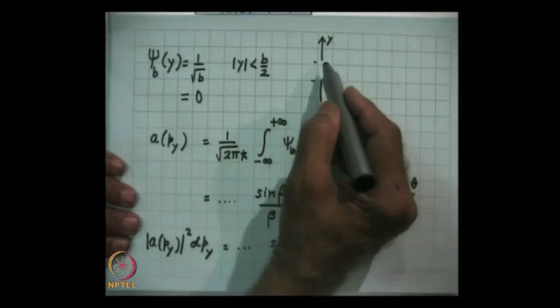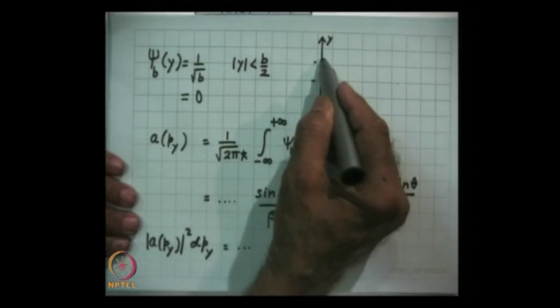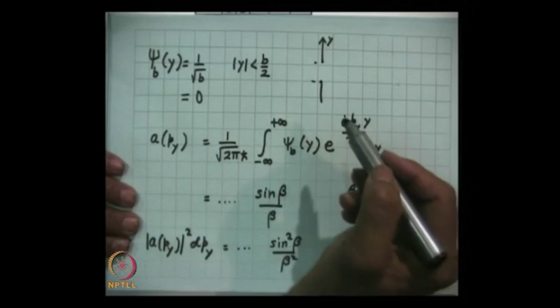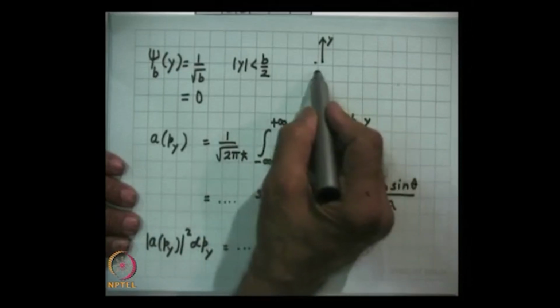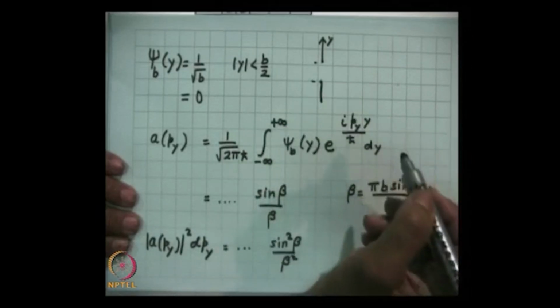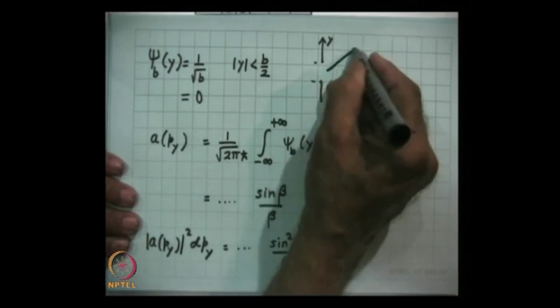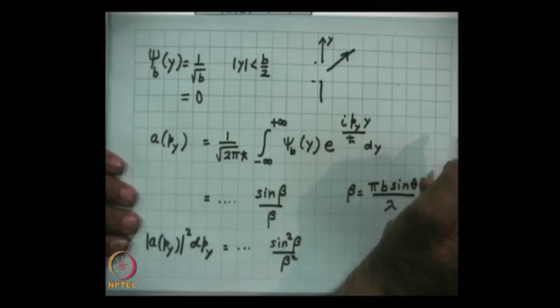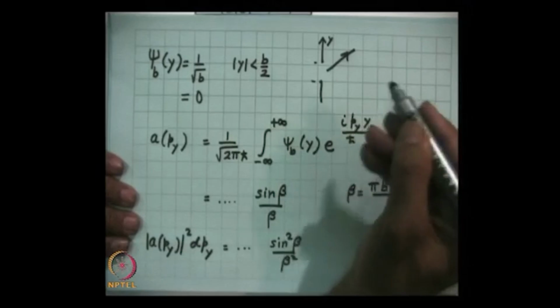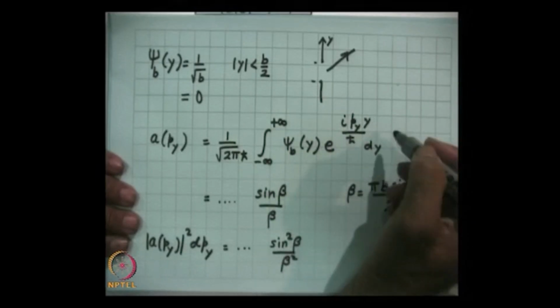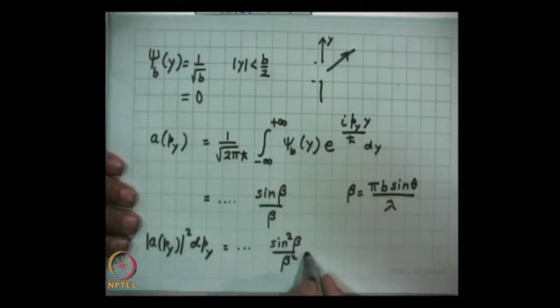So by confining the electron or the proton to pass through a slit of width b, the slit itself imparts a momentum in the y direction, and the probability distribution of that momentum is given by this expression.